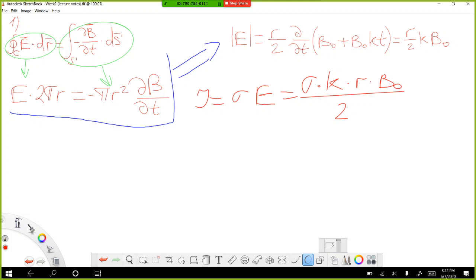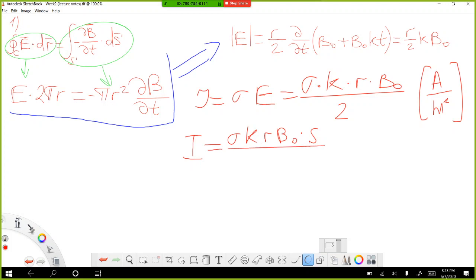And from this, the unit of measurement of current density is ampere per meter squared. And current will be J multiplied by S. Yeah. J is sigma k r B0 multiplied by S over 2.